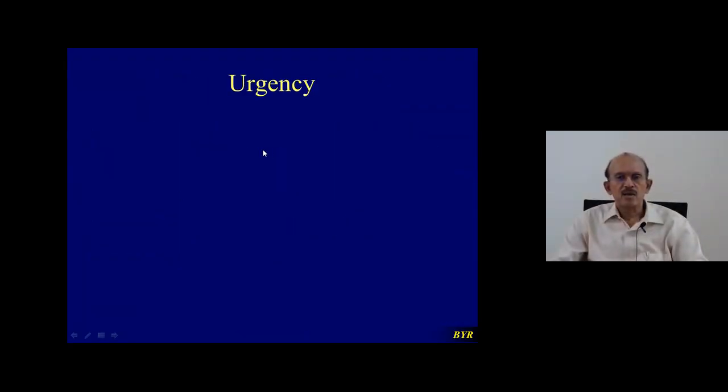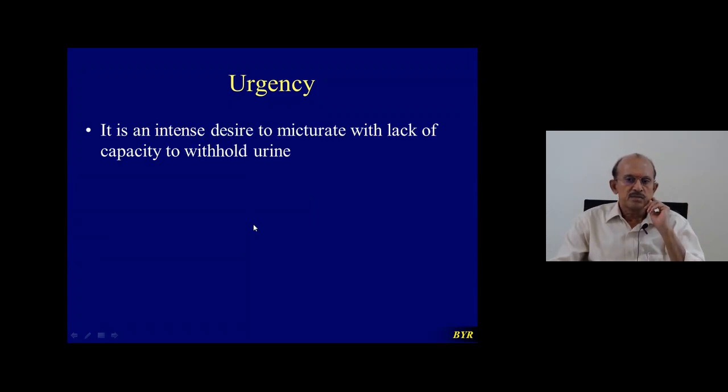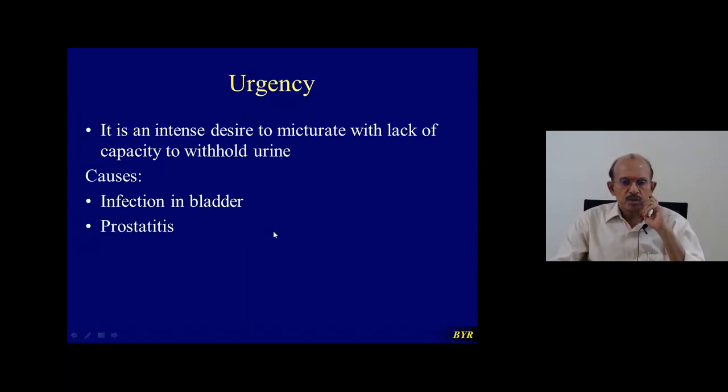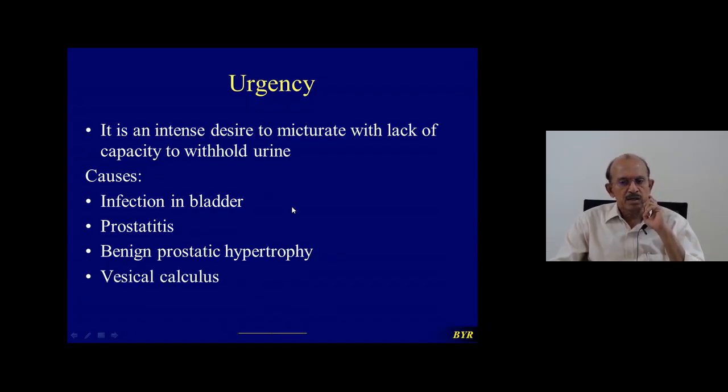Urgency. Urge, that means the patient wants to void urine very urgently. That is called urgency. So, intense desire to micturate with lack of capacity to withhold urine. Causes: infection in the bladder, prostatitis, benign prostatic hypertrophy, vesical calculus.